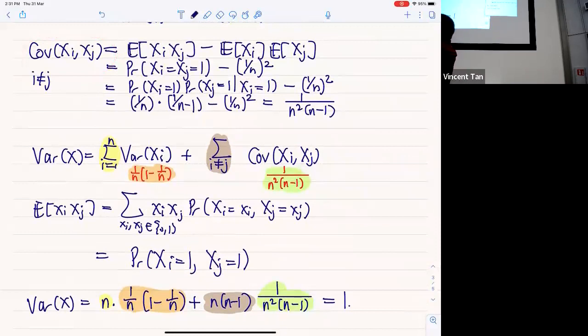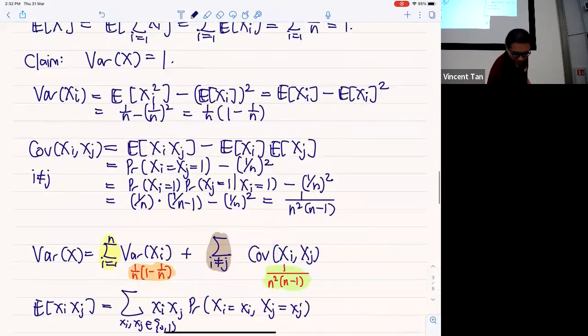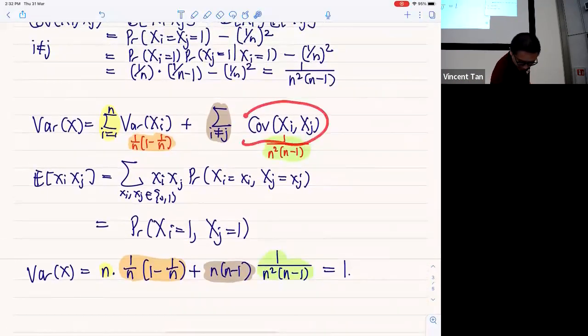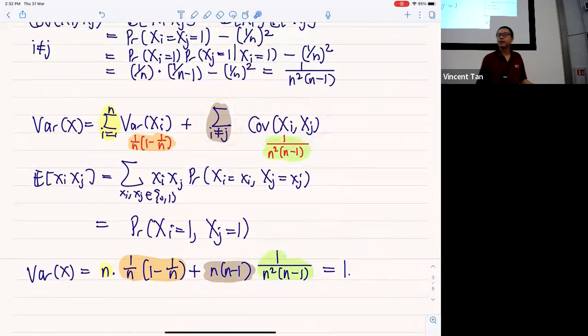For every i not equal to j, the covariance of Xi, Xj must be the same. So I'm just calculating one generic term here, and then multiplying by the number of times I sum it up. It's just like if I sum the number 2 n times, I get 2n. We only have to worry about the pairwise correlation.